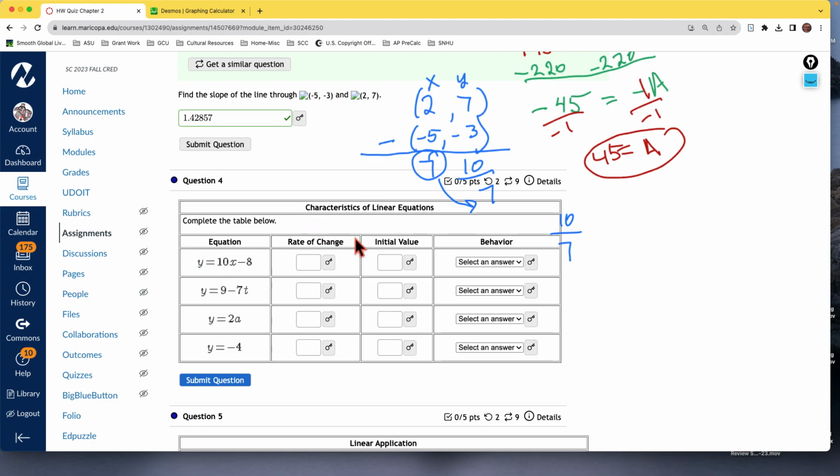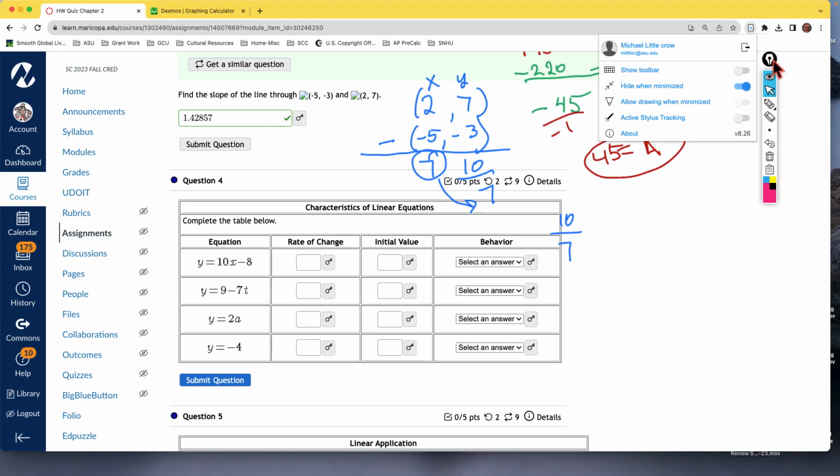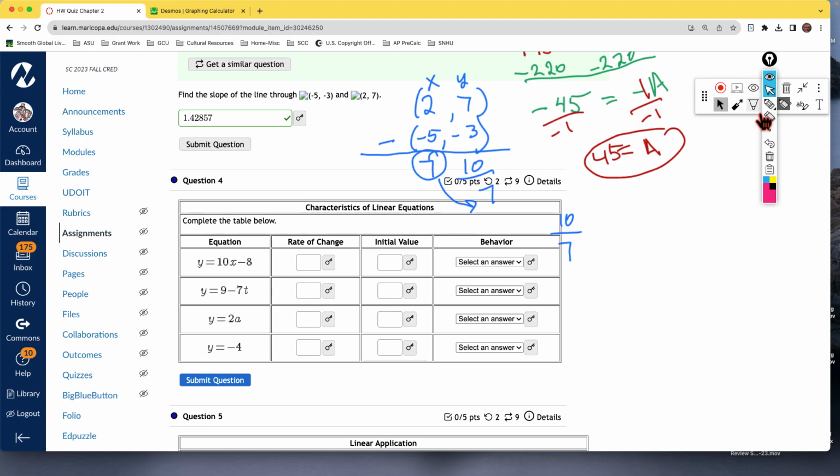Okay, so let's just go. This one's wanting the rate of change and the initial value, which is also the vertical intercept, which is the y-intercept, which is the number by itself. So it's all those things. With this one, in this equation, which of these numbers is our slope, our rate of change? 10. 10 is it.